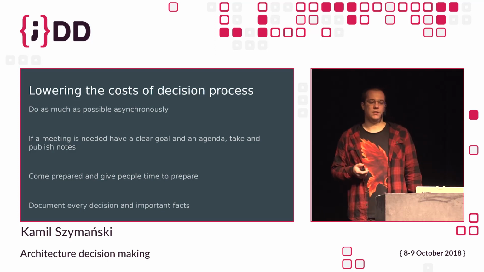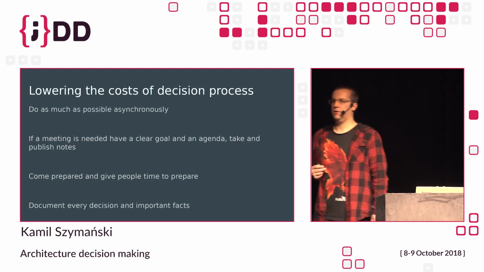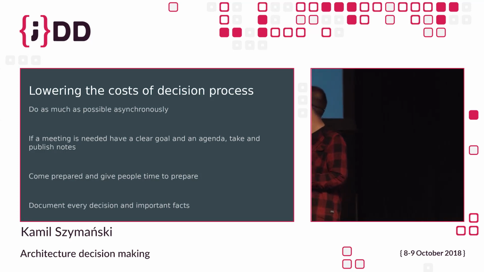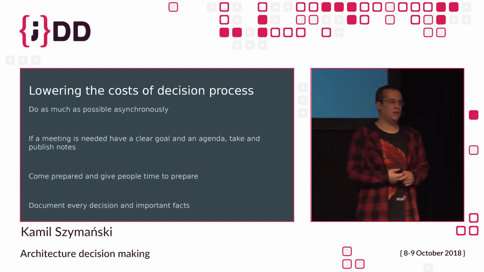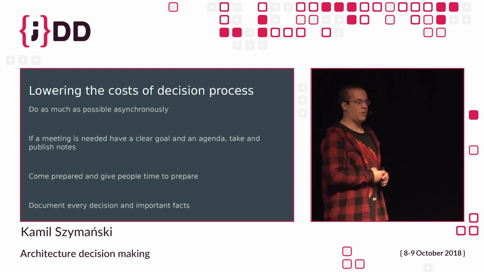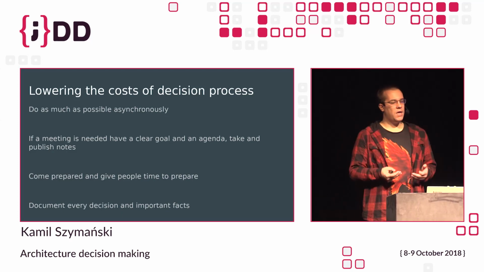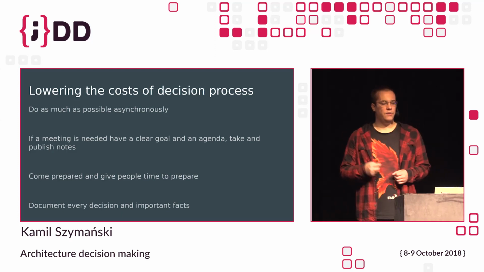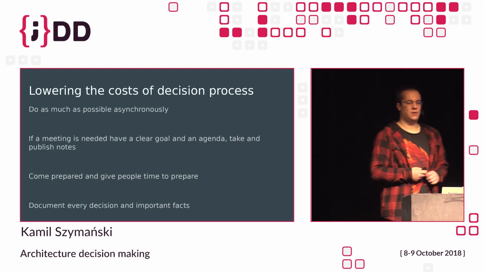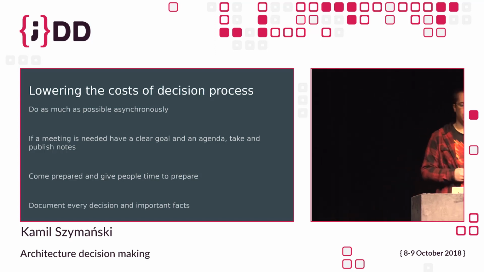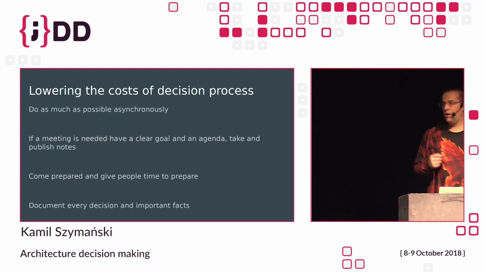And if a meeting is needed, have a clear goal for it and specify that goal. If this is the single goal, the better, but we can have a few goals or a few points in the agenda. Have an agenda published for that meeting. And if we make any decisions there, or discuss any important facts there, document them, send them, do some minutes from the meetings.